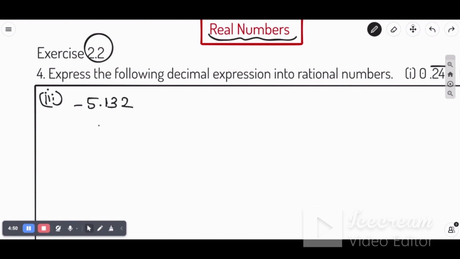So how will we do this? Simple. We have to just put minus 5. How many digits do we have here after the point? We have got 1, 2, 3. So remove the decimal point. If you remove the decimal point, what happens? 1, 3, 2. If you write it as such, you will get a 1000 here. If you divide by 1000, the point moves to the left.